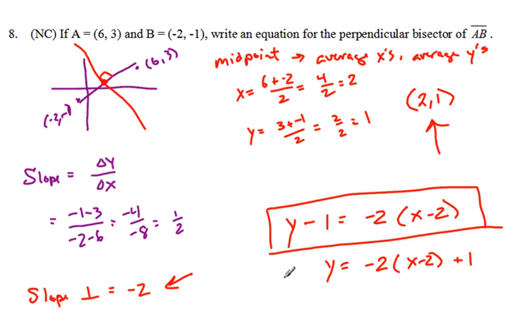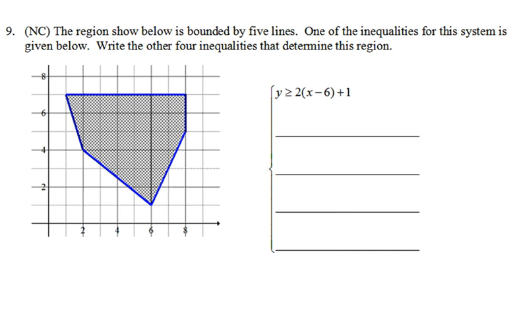Now this form is more of what we'll do in the next problem, because here everything has to start with a y. So in this next problem, we're given a region. It's bound by 5 lines. I've given you one of the inequalities. You need to write the others. So the first thing I need to do is identify which one is this.